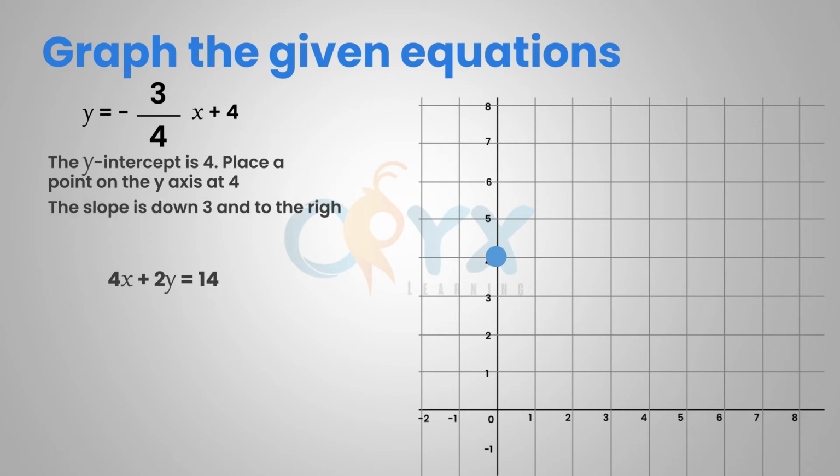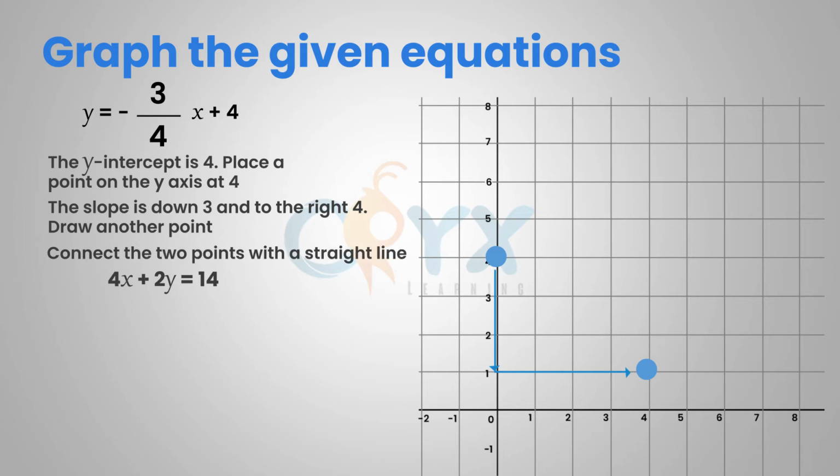The slope is down 3 and to the right 4, so we draw another point down 3 and right 4 from the original y-intercept. Now that we have 2 points, we can connect them with a straight line. And there is our first line, y equals -3/4 x plus 4.